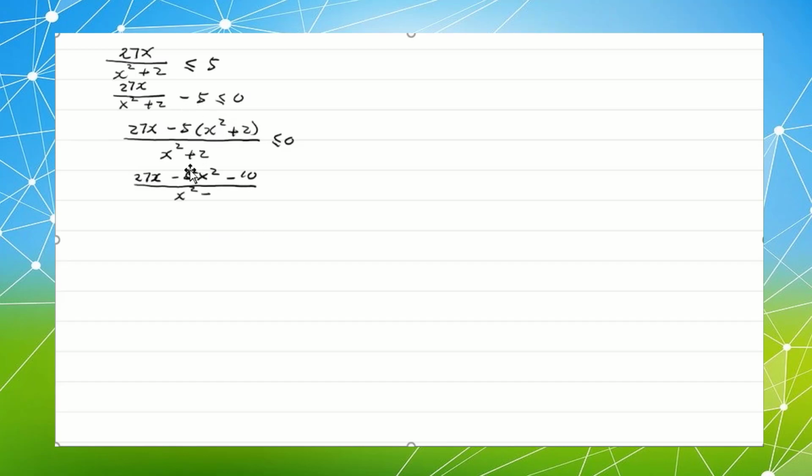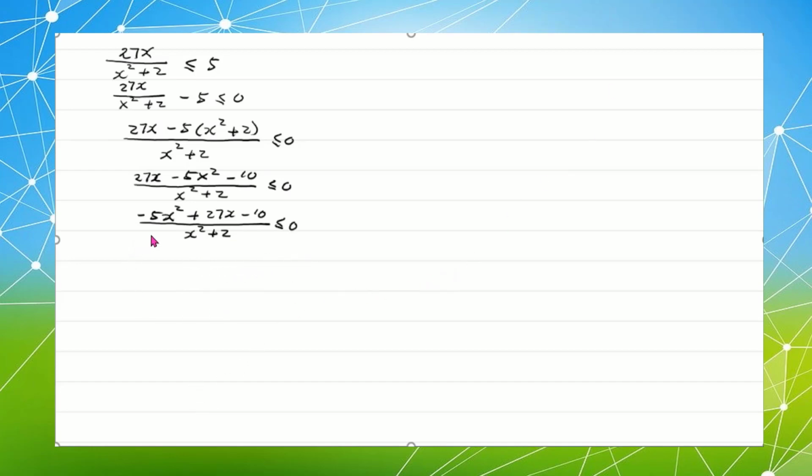Negative 5 becomes negative 5x power 2, negative 5 times 2 becomes negative 10. Then we rearrange the numerator, becomes negative 5x power 2 plus 27x minus 10 over x power 2 plus 2 less than 0.